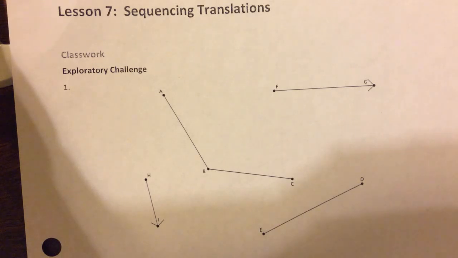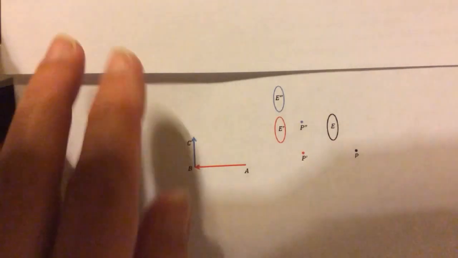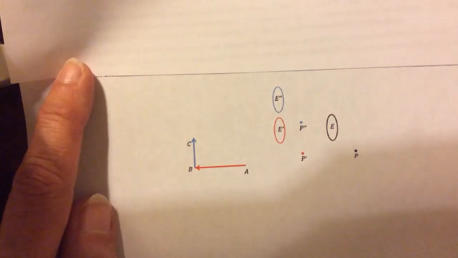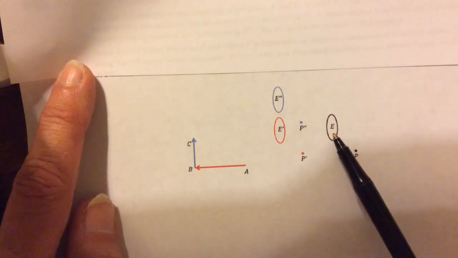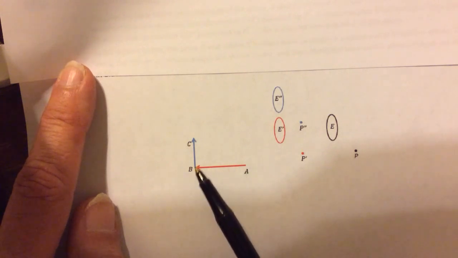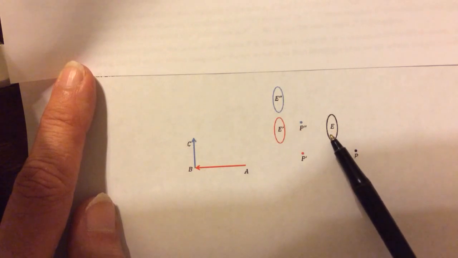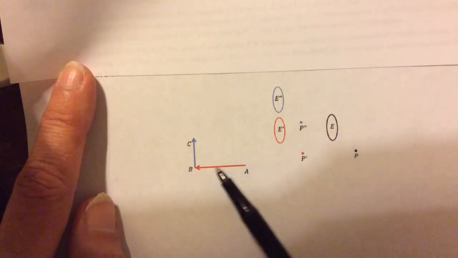And I just want to start by looking at an example, and then we'll do some exercises together. Okay, so here is a diagram. And in this diagram, you have an original figure, E, and we have a couple translation vectors. We've got AB and BC. So you can see that E was translated along AB.